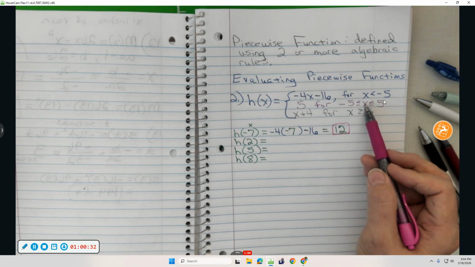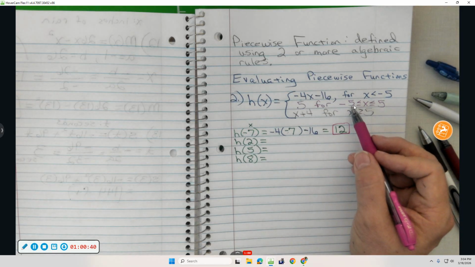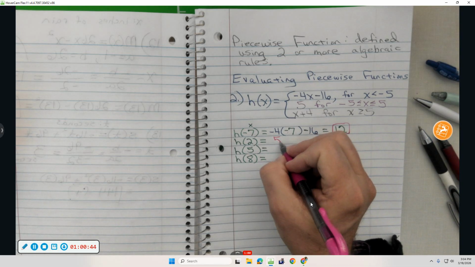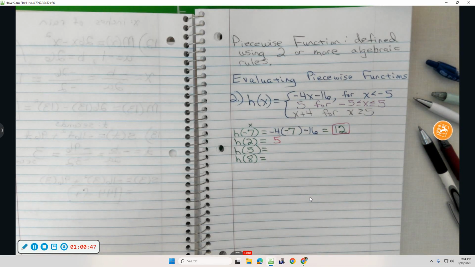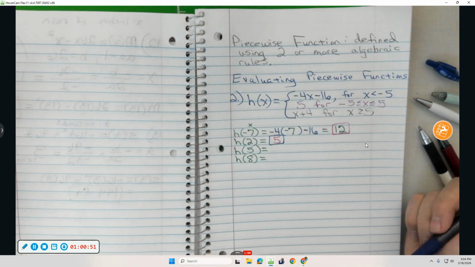It's between, so we come over here. Hey, there's no variable to plug in. This middle part is constant. For any number between negative 5 and positive 5, the y value is going to be just 5. So h of 2 is 5.